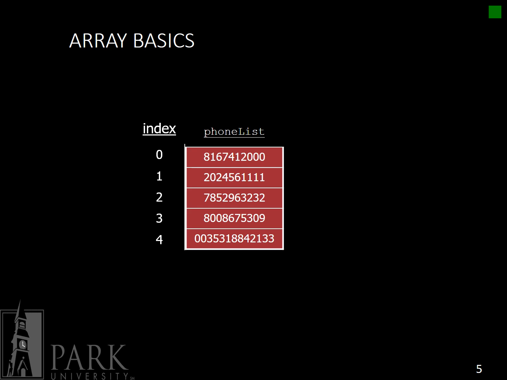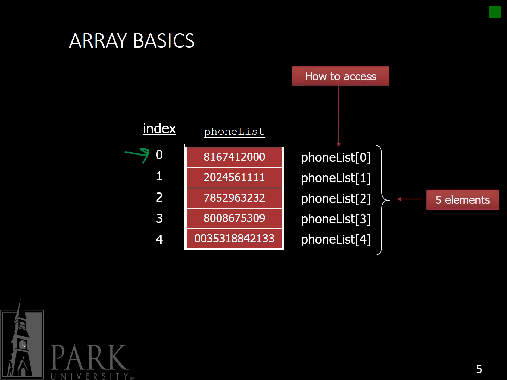Notice this number right here. That is our first index, our first spot. Here's how to access each one of those 5 elements in the phone list array. Note again that it starts with 0 and not 1. That is absolutely critical that you keep that in mind.